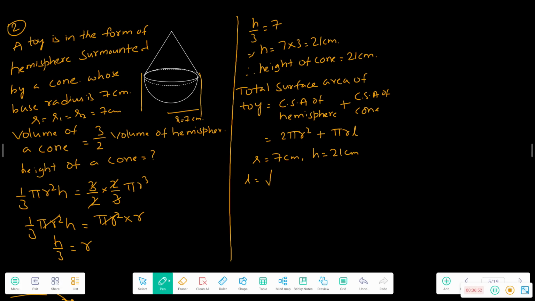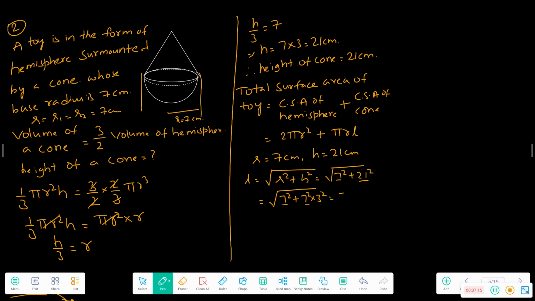So first calculate l, square root of r square plus h square, that is 7 square plus 21 square. In this we can take 7 square common, because I can write this as 7 square plus 7 square into 3 square.